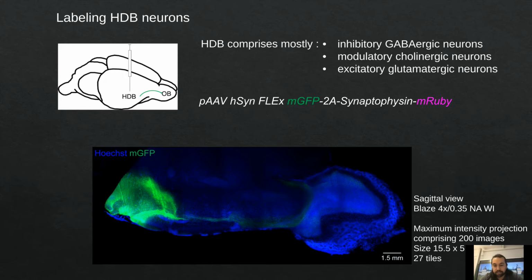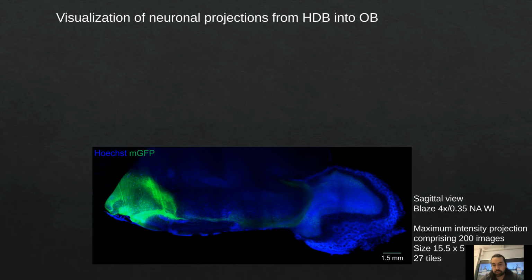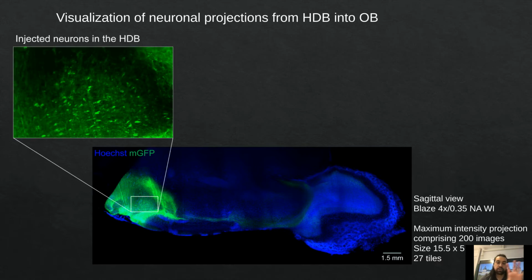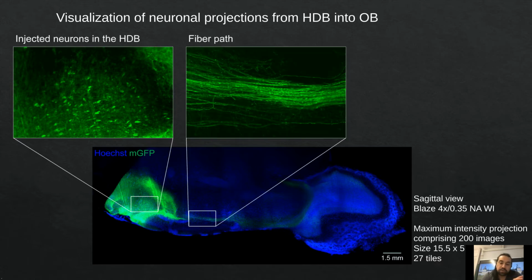If we have the complete volume, we are able to recognize some important parts of this circuit, as I'm showing you here. We can clearly see the injected neurons in the HDV. We can also follow the fiber path going from the HDV to the olfactory bulb.